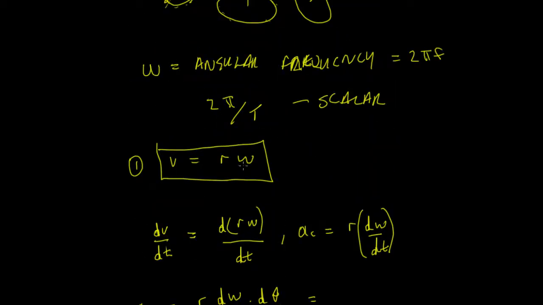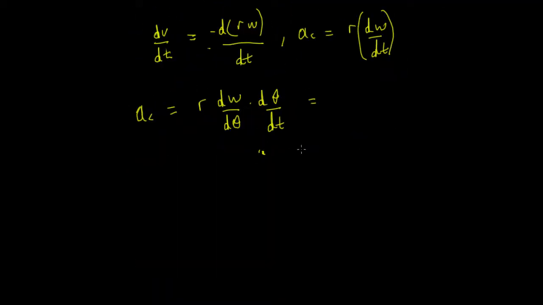That's how we've defined it, and omega can be written as v upon r, so we can just change that to v upon r. So you're just going to end up with r times v upon r times d omega by d theta. So the r's cancel out, and you're going to have v d omega by d theta.